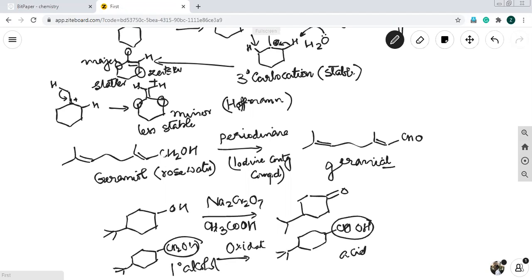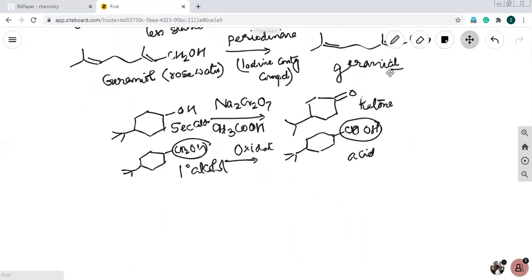And secondary alcohol will give a ketone. Now, another important reaction of alcohol is conversion into ethers.